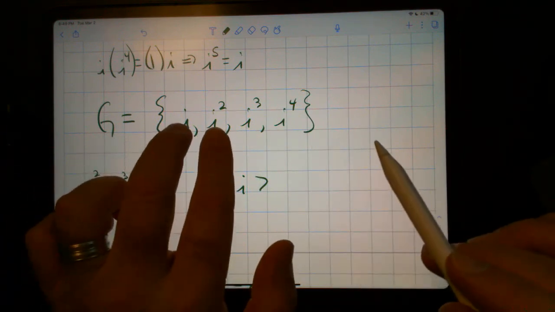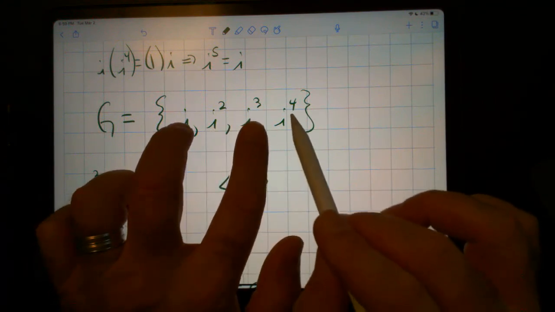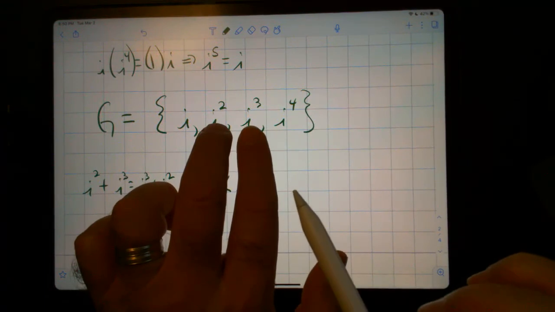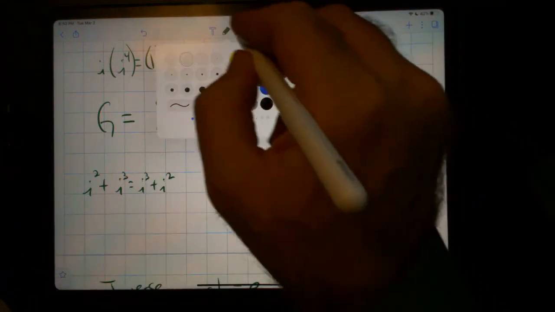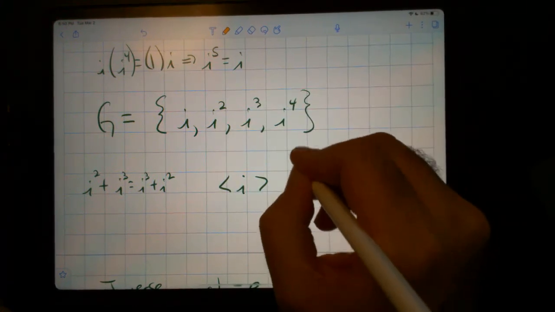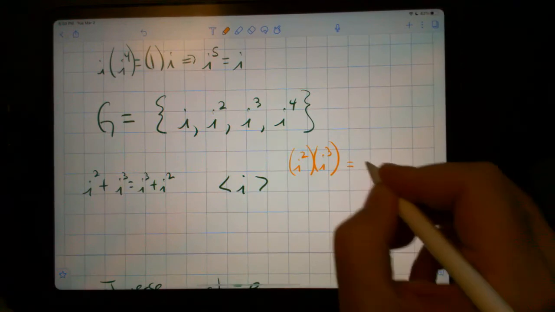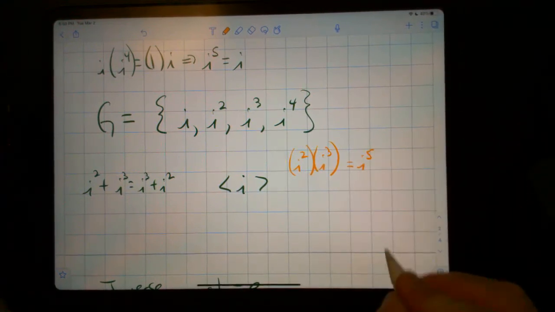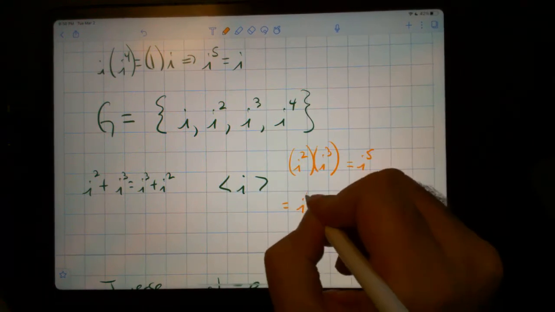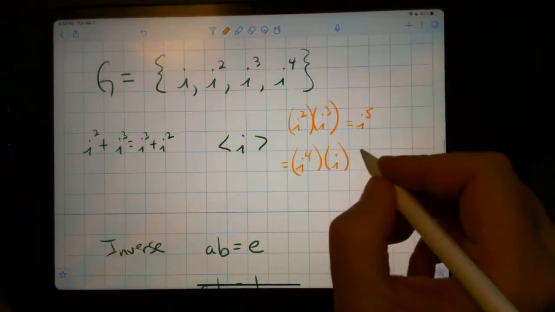If we multiply these first two, we get i cubed. If we multiply the first and the third, we get i to the 4th. If we multiply the second and third, so i squared times i cubed, this would give you i to the 5th. But i to the 5th is i to the 4th times i, and i to the 4th is 1.